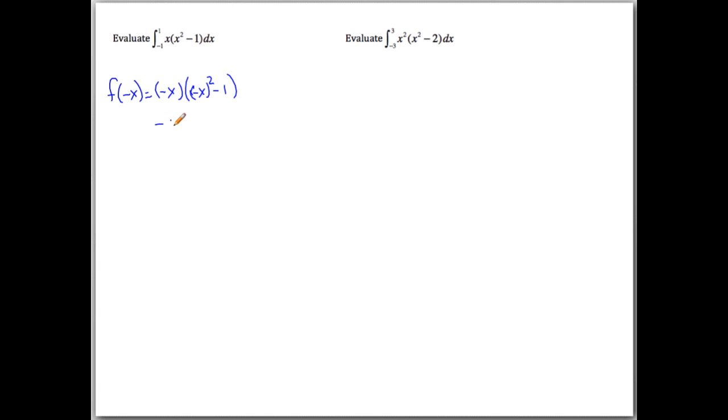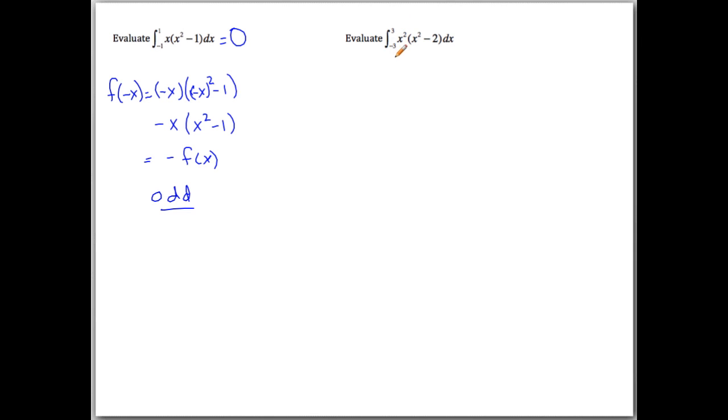And so it's negative x times, well, negative squared becomes positive, so x squared minus 1. And you can see that this is the negative f of x. Okay, so that does make this an odd function. Therefore, this is going to equal 0.